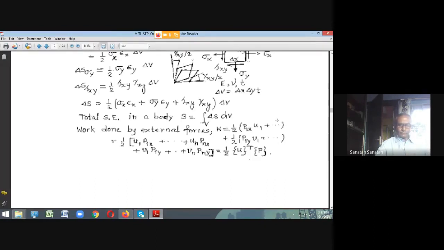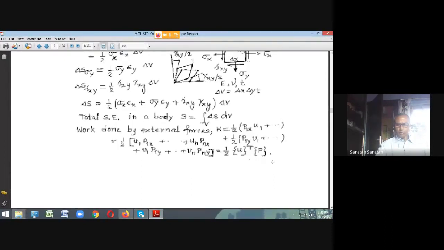Then the total work done by the external loads is nothing but half u1 p1x, v1 p1y, and it goes up to the nth node, un pnx, vn pny. So that's the work done by the external forces. If we write it in matrix form, it is the total displacement vector transpose multiplied by p.